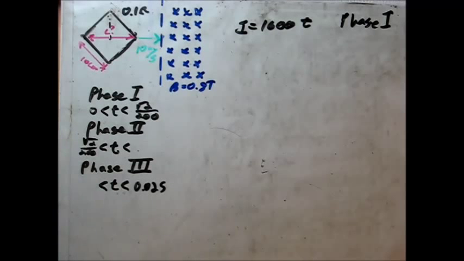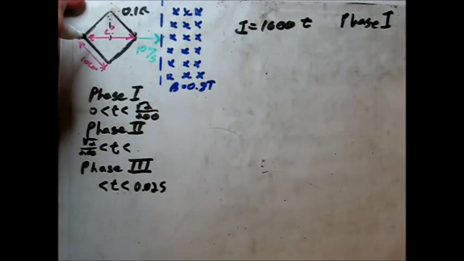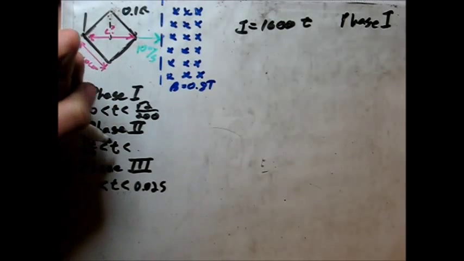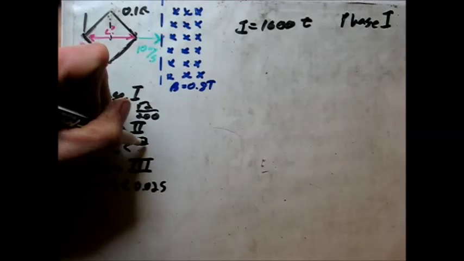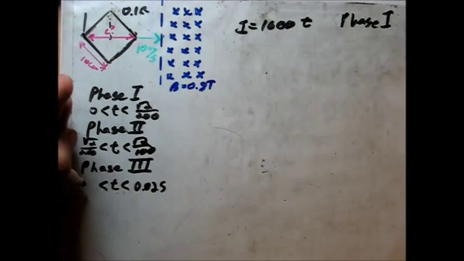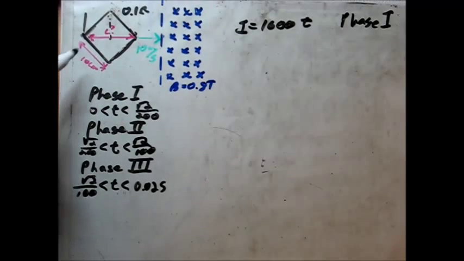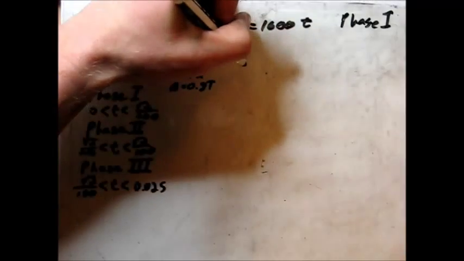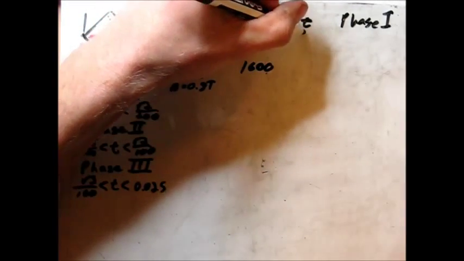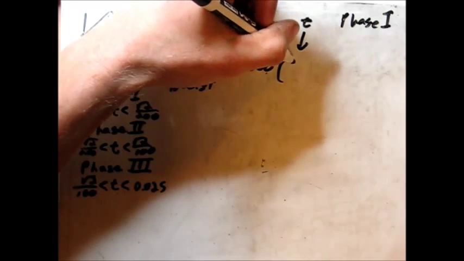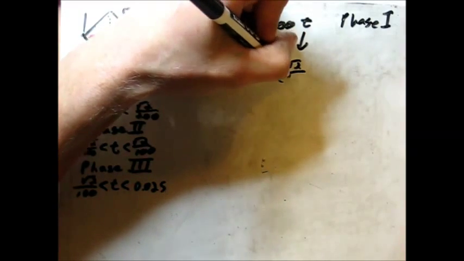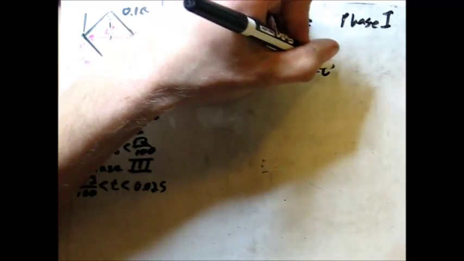So for what's only valid in the second phase, let's set up our boundary condition where when it reaches the end of that phase, which is going to be here when the part is fully submerged, that would be twice this time, which is square root of 2 over 100. We want the change to be 0. So looking at our t, we would modify t to be square root of 2 over 100 minus t.